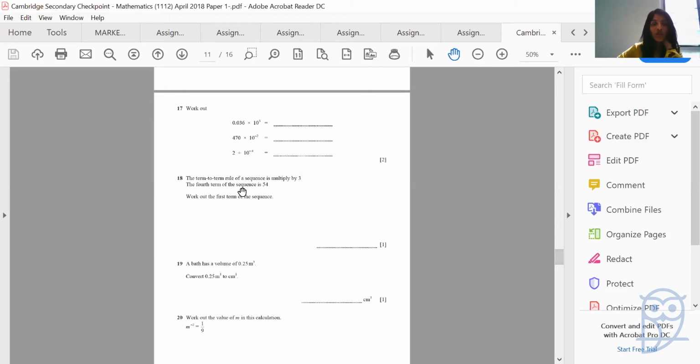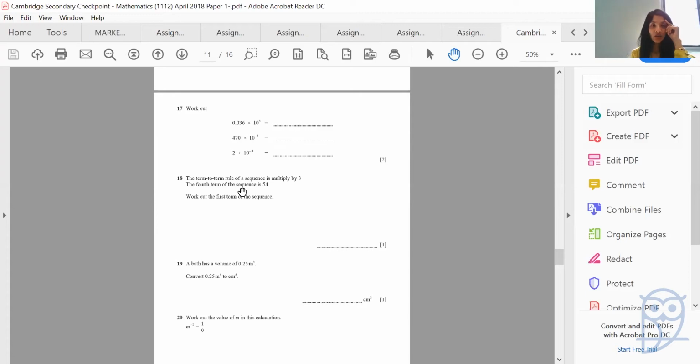It says work out 0.036 times 10 to the power 5. Once again, guys, you've got your calculator, and if you work it out, your answer will be 3,600. The next question says 470 times 10 to the power of negative 2.